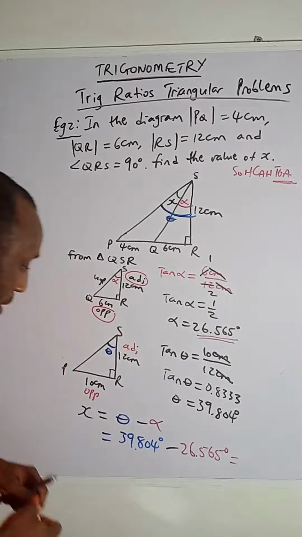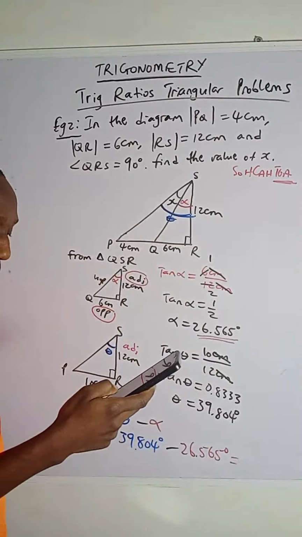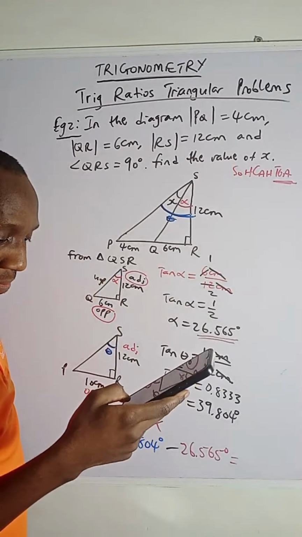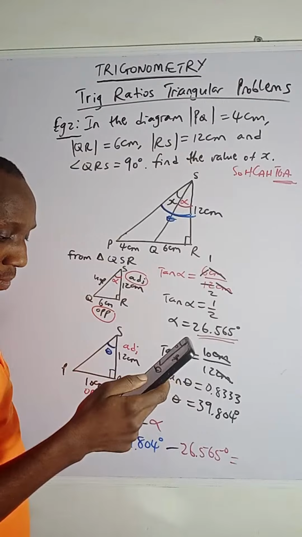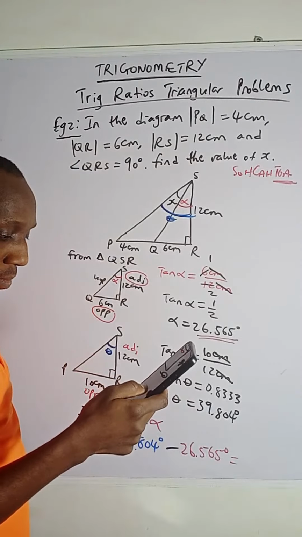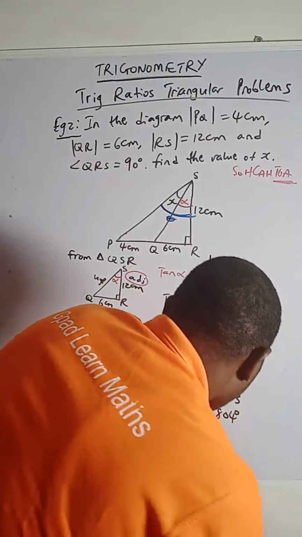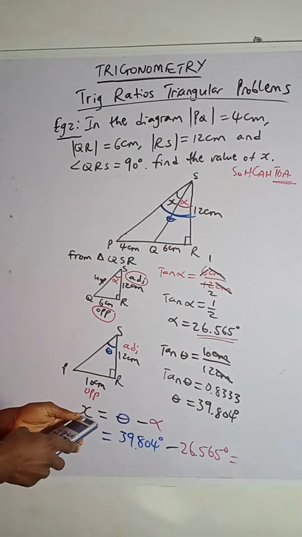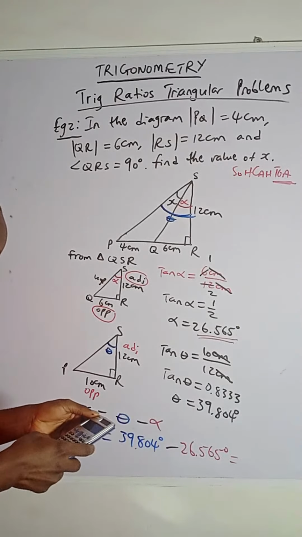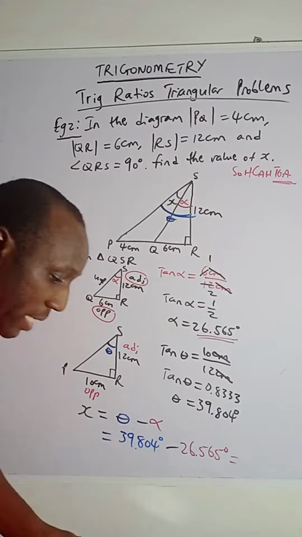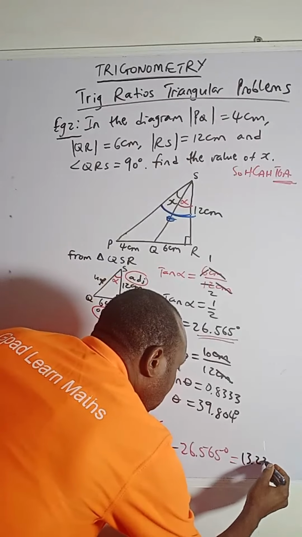When you take the difference, 39.804 minus 26.565 is equal to 13.239 degrees.